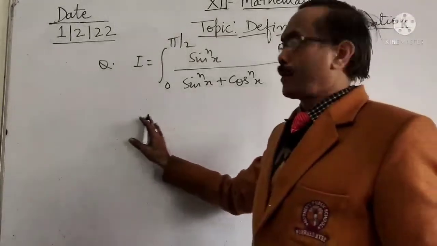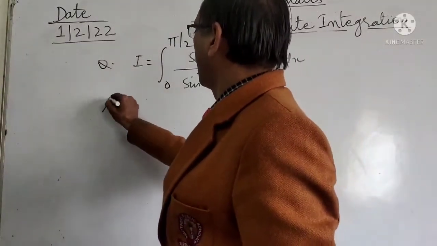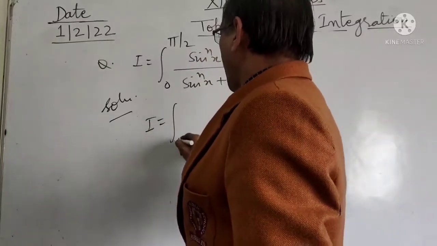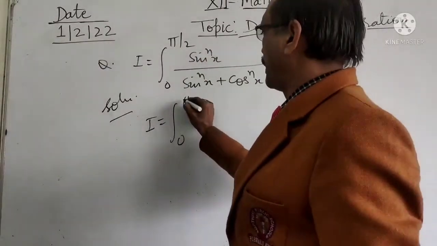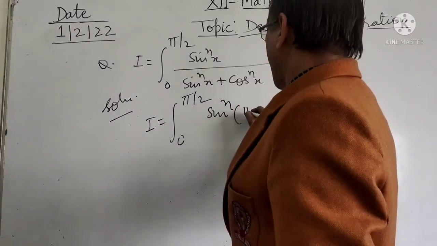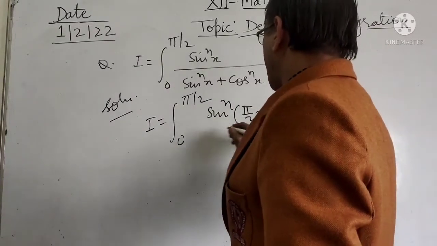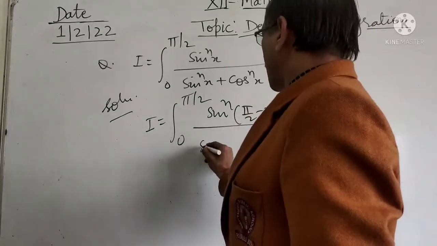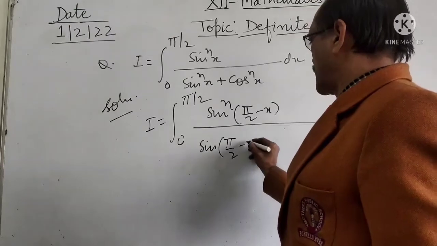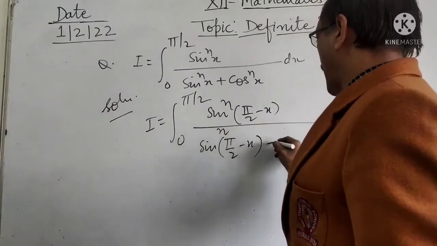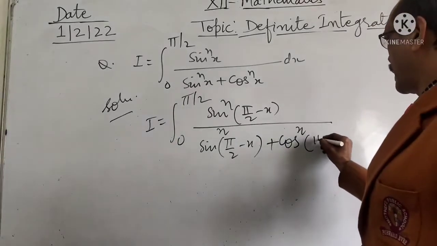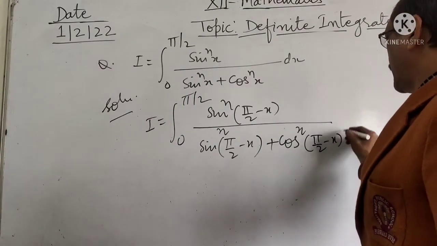Now applying the property, I equals the limit 0 to pi by 2 sin power n (pi by 2 minus x) upon sin power n (pi by 2 minus x) plus cos power n (pi by 2 minus x) dx.